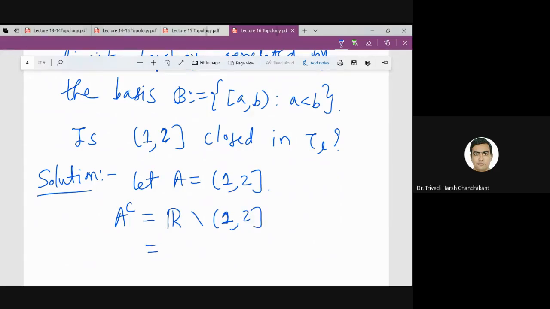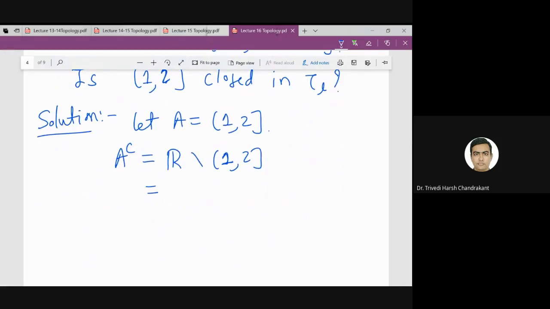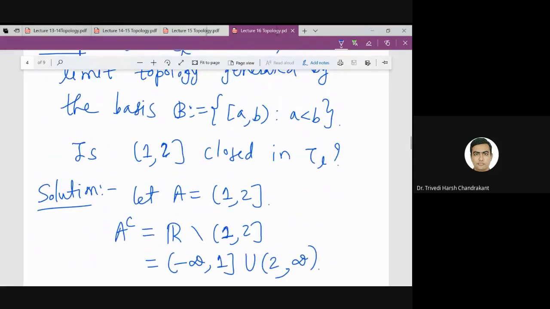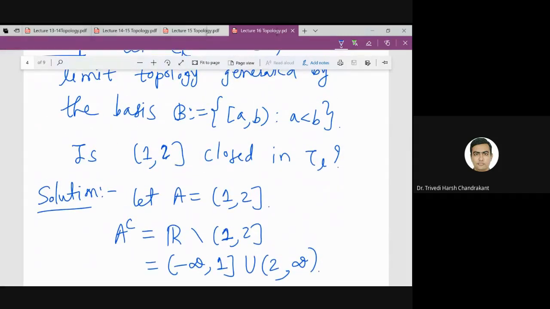So basically what is this set? It is from minus infinity to 1 closed, union 2 to infinity. So what is the basis element? Basis elements are of this form.